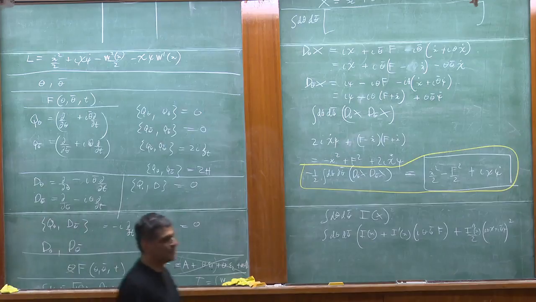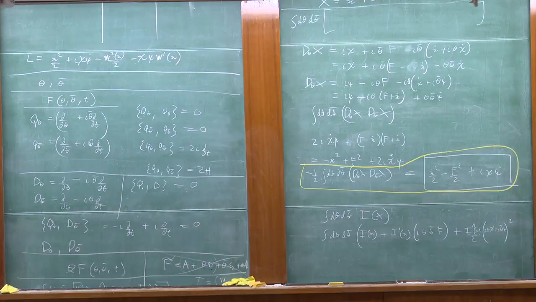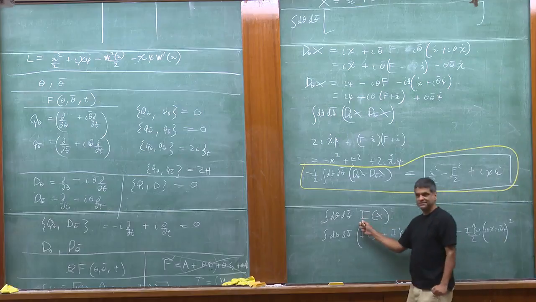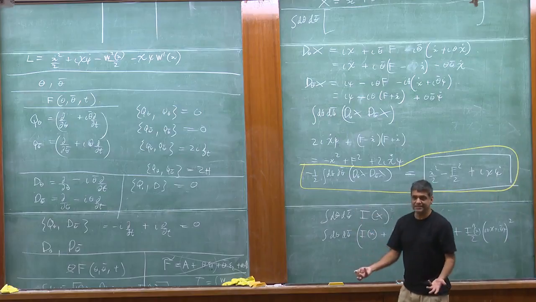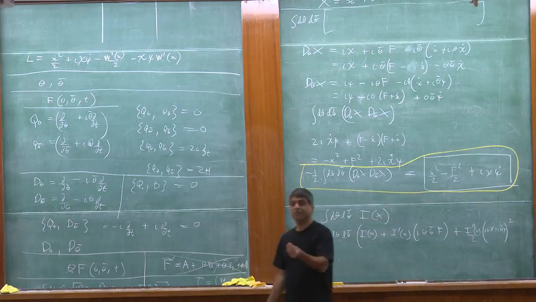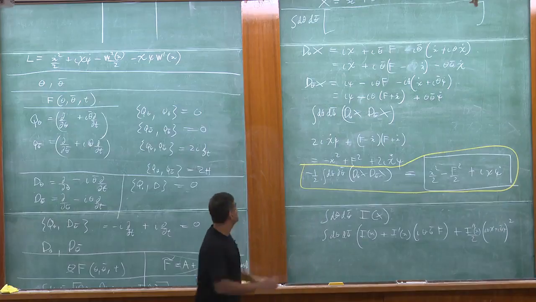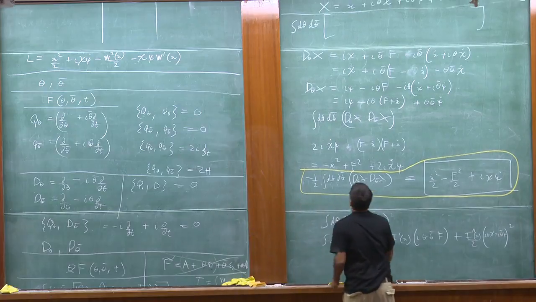Two of the terms are 0 because theta square is 0 and theta bar square is 0. But the theta bar term will contribute. Clear? Taylor expansion, yes. All I'm doing is taking this function and expanding it in a Taylor series around the point little x. So capital X, let's look at this.